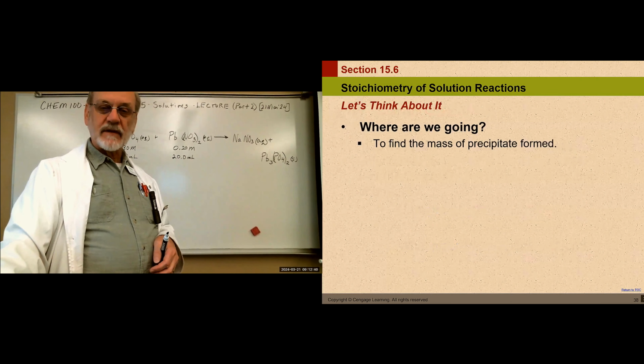Now, here's a little trick I'm going to show you. We can either convert this to liters to determine moles, which is probably what we should do. But we can also multiply these two together, and instead of getting moles, we get millimoles.